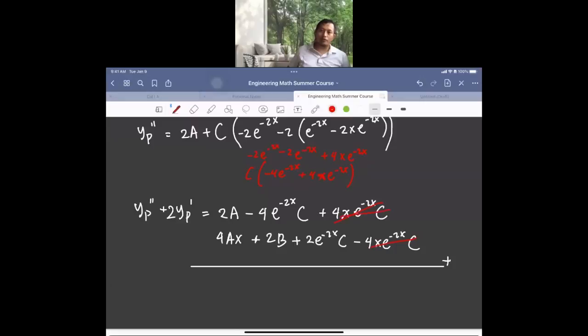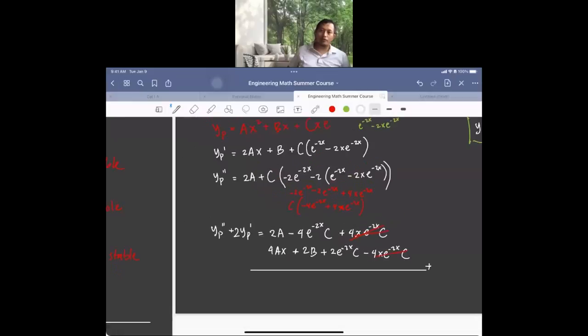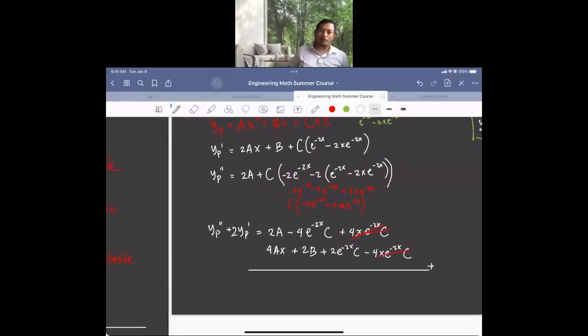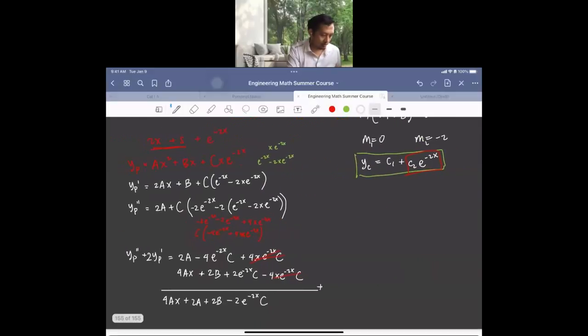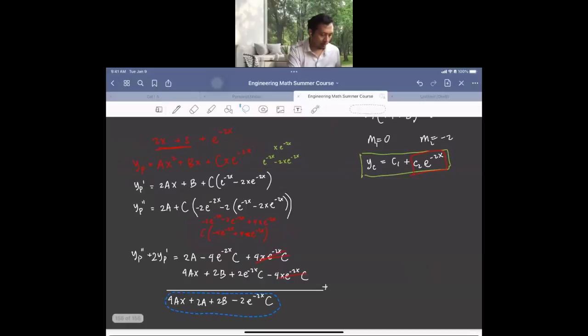Can we cancel? I think we can cancel this part, right? So we will have 4ax plus 2a plus 2b, and then minus 2e^(-2x)c. Okay, we have that.